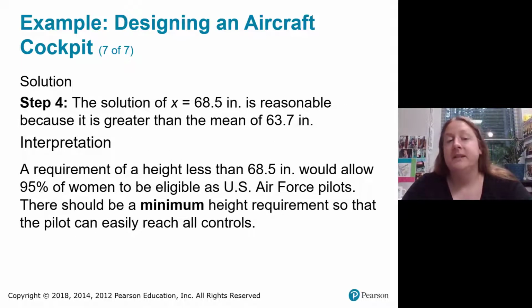So what this means is 68.5 inches is greater than the mean, so it seems reasonable, and it means that 68.5 would have to be the height requirement. So you'd have to have a height less than 68.5 inches, and that would allow 95% of women to be eligible as U.S. Air Force pilots.